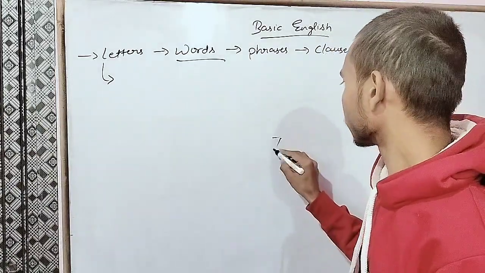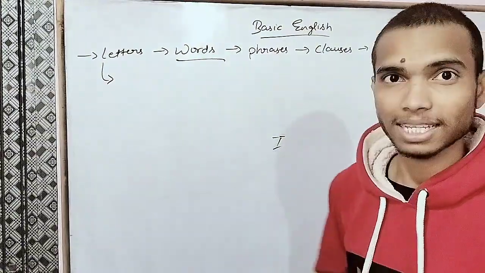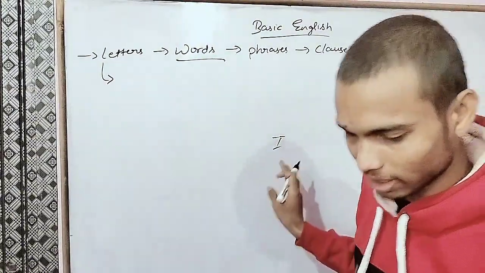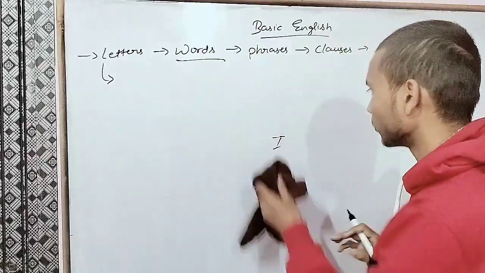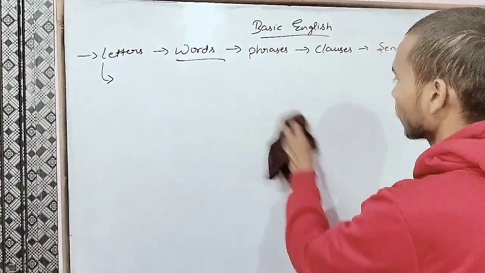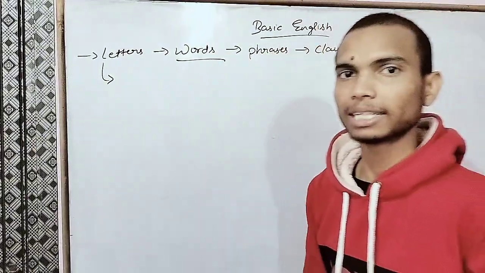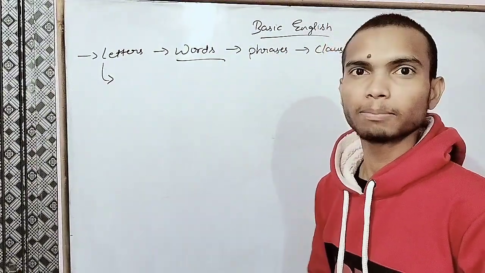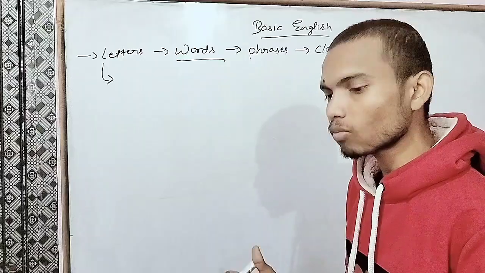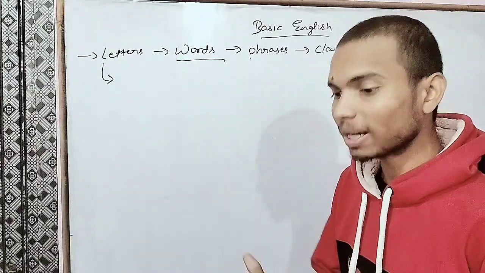For example, I. So this is one letter. The meaning of this is something, so it can be used in our sentence. Similarly, when we take 2 or more letters and then we add them, we get a word. But there is a condition.